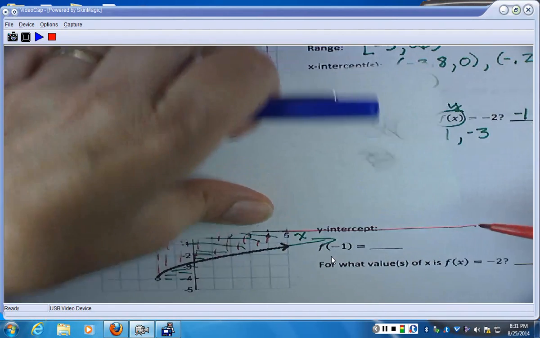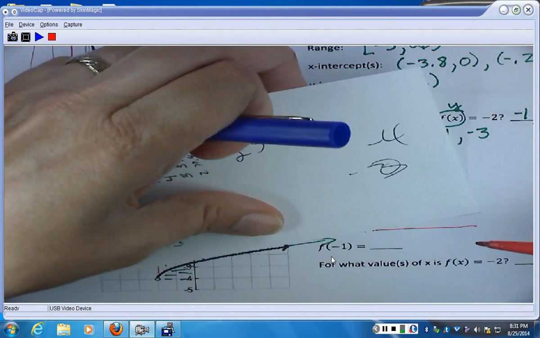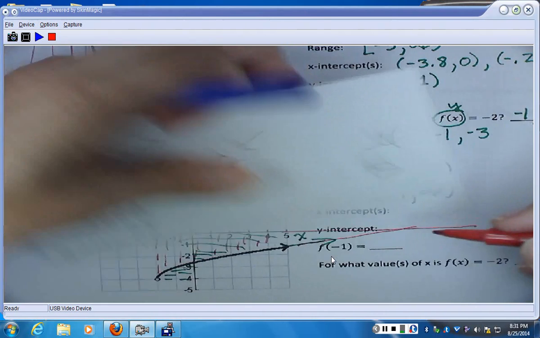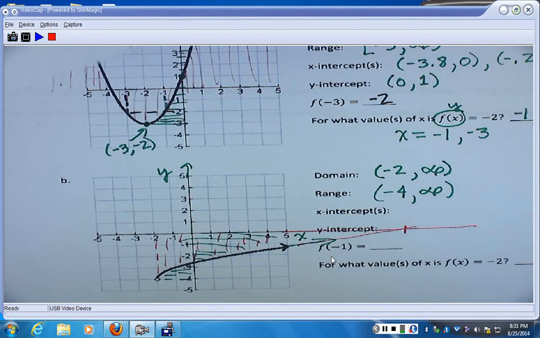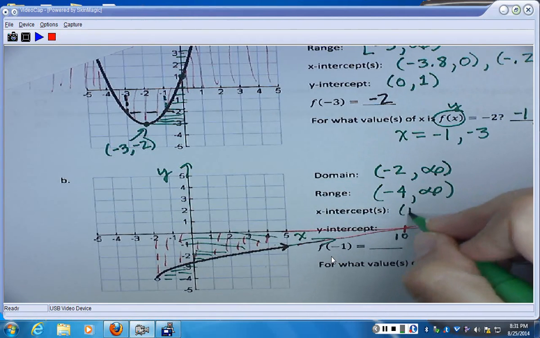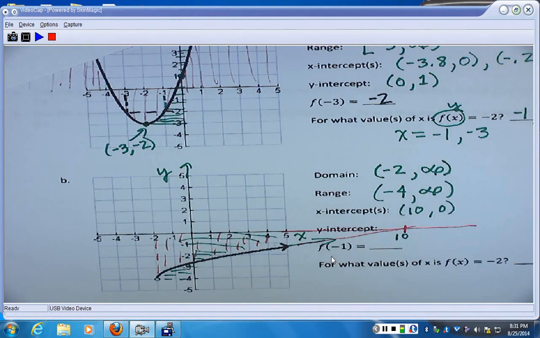Hopefully I don't think I asked you something that goes off the page like this. So it's somewhere out here. So I'm going to say 10, 0. I don't think any of yours is going to go off the page like that.